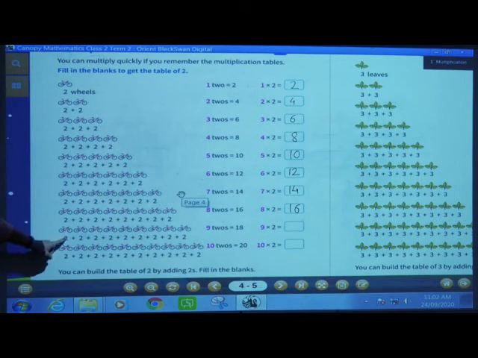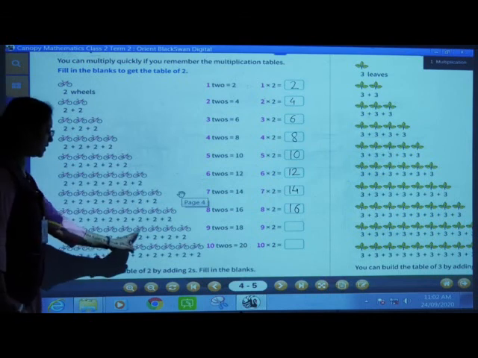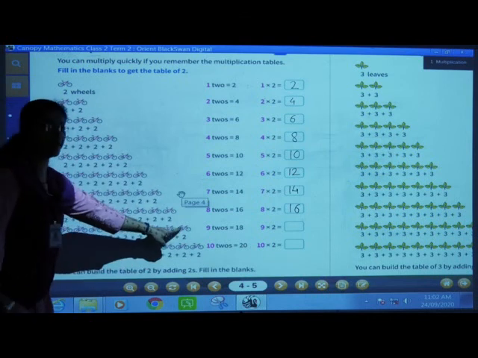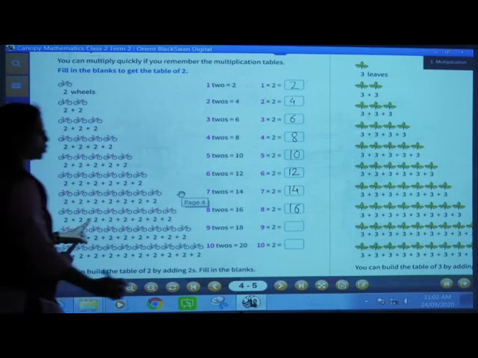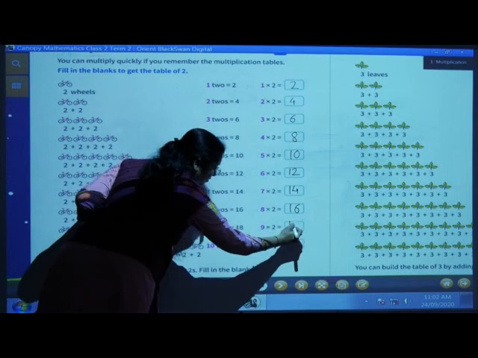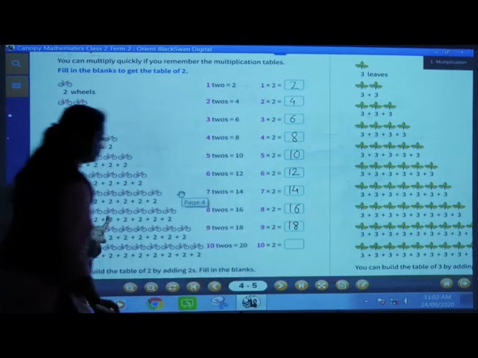Here 9 times 2. See, 1, 2, 3, 4, 5, 6, 7, 8, 9. 9 bicycles are here and each bicycle has 2 wheels, means 9 twos are 18.